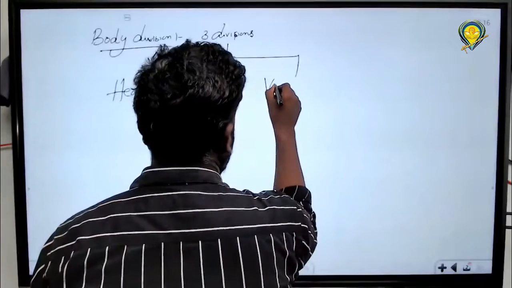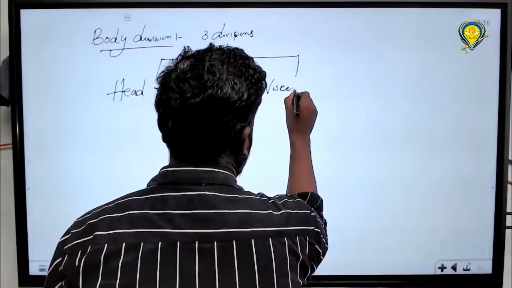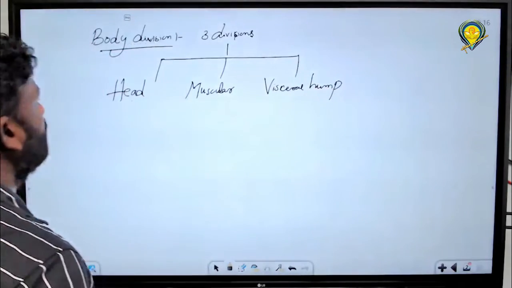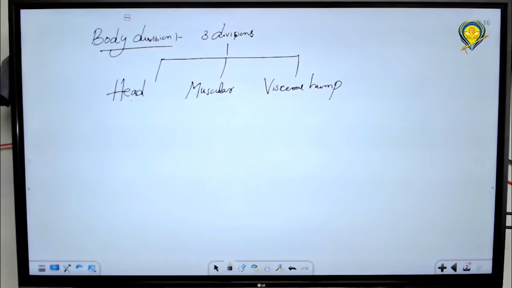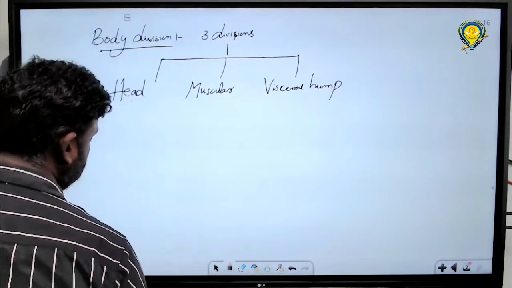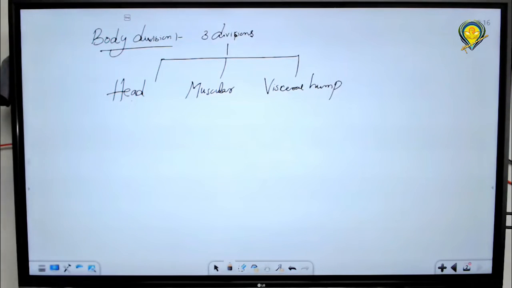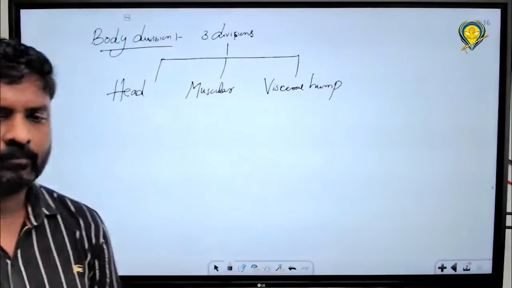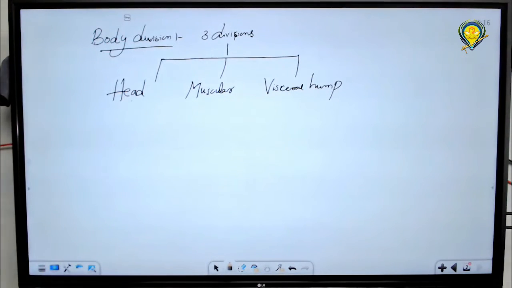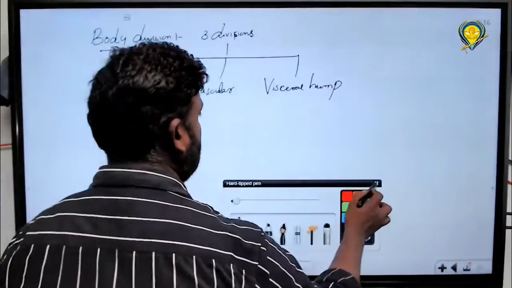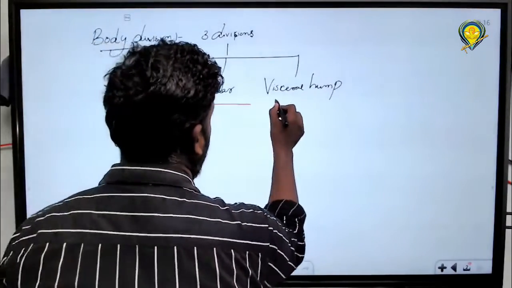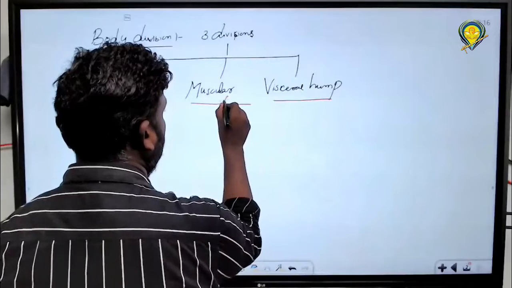Muscular foot and visceral hump. That's it. What are the body divisions? Tell me, all of you. Head, muscular foot, and visceral hump.